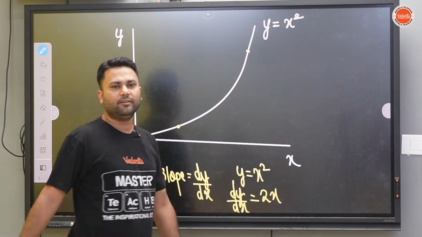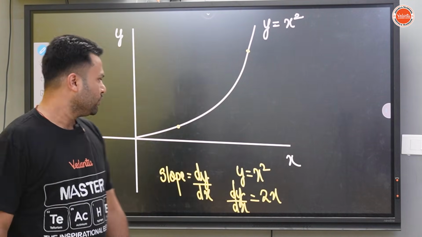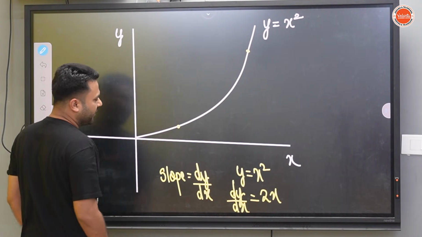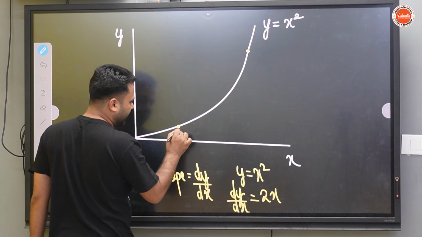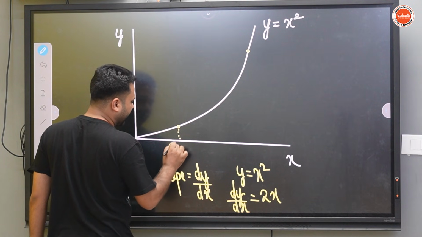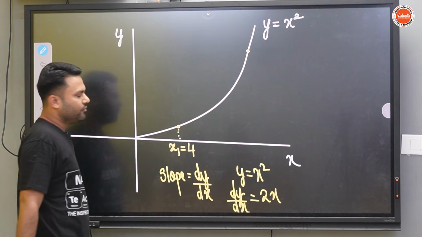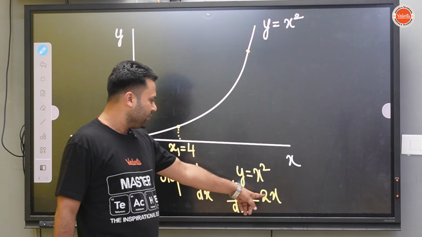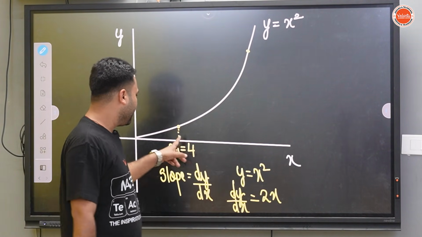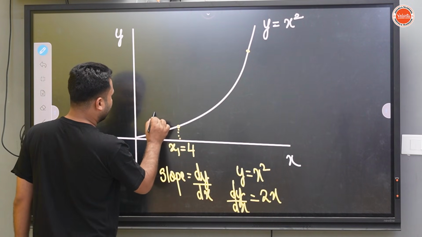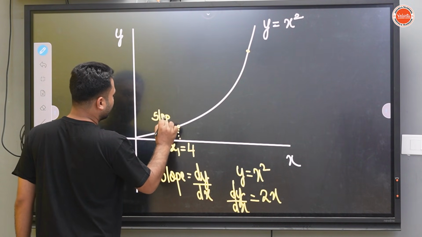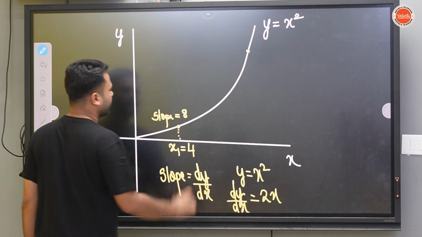X square differentiation is 2x. So if someone asks what the slope is here, you will ask them, tell me what the x coordinate is here. Suppose I say the x coordinate is 4. You just place it: 2 4s are 8. So here the slope will be 8.